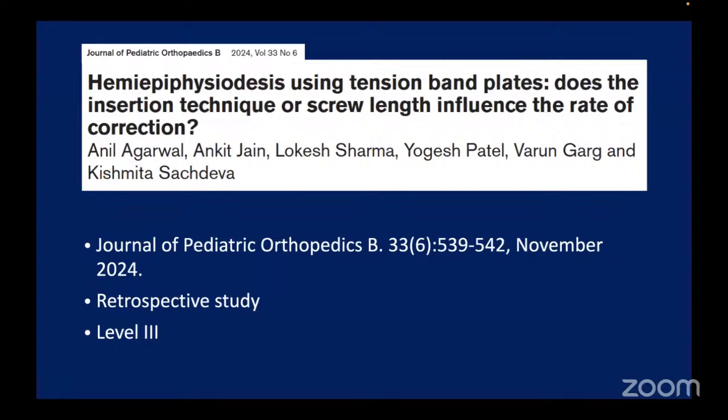The other paper, published in November 2024, was on hemiepiphysiodesis using tension band plating and the influence of insertion technique or screw length on the rate of correction. It is also a retrospective study with level 3 evidence.